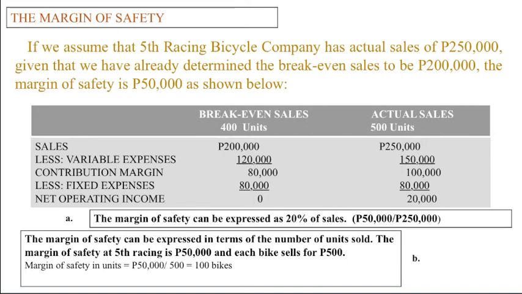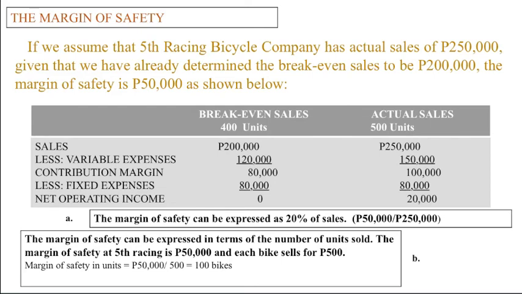Break-even sales in 400 units. Sales is 200,000 pesos. Less variable expenses 120,000, contribution margin 80,000, less fixed expenses 80,000, and the net operating income is 0. Actual sales in 500 units.